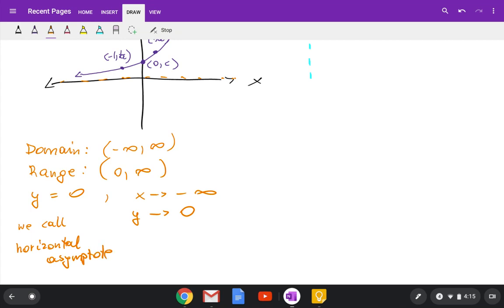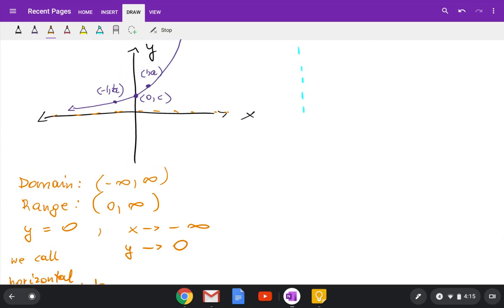So each exponential graph has a horizontal asymptote. How are you going to find it? When x is getting smaller, the y values will be approaching a given value. It's not all the time y equals 0 because we may have a transformation. So the main range, of course, our function is increasing because a is greater than 1. Our exponential factor is greater than 1.